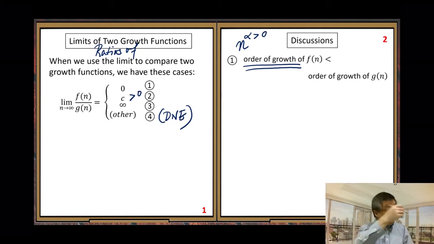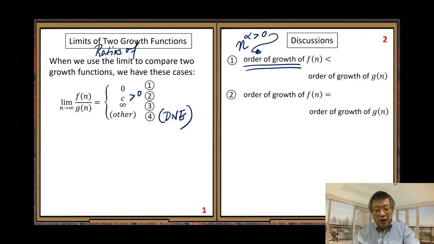Because when it is a positive number, it grows, right? So the function value, the growth function, will grow. So then this alpha corresponds to the concept order of growth of our growth function. All right. So that is the first case.